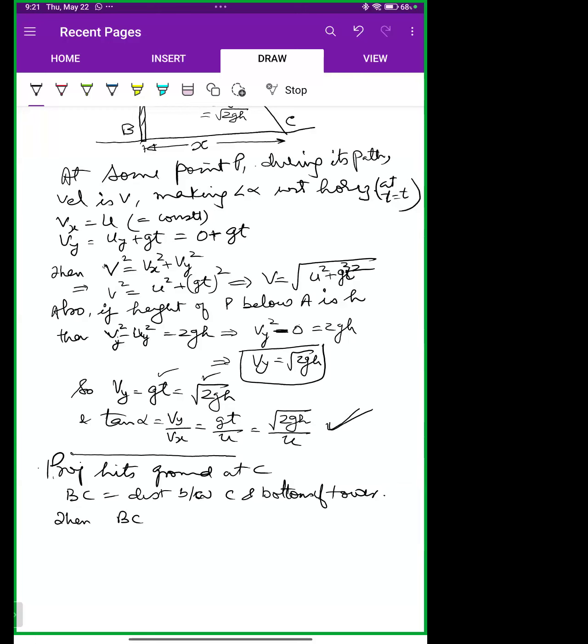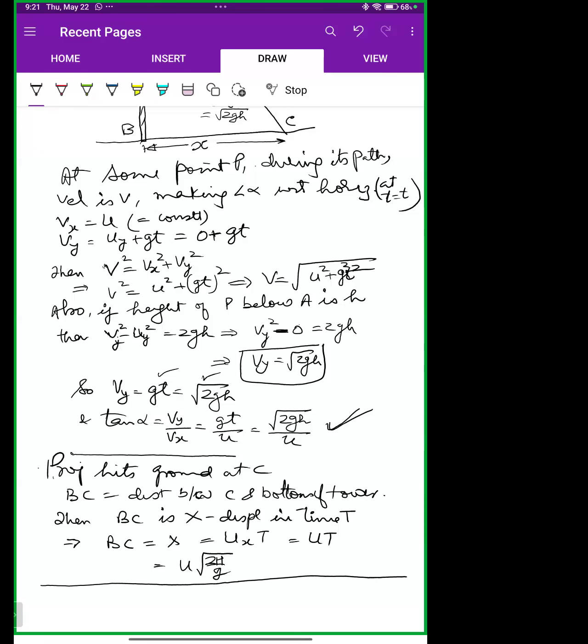Then BC is X displacement in time T, capital T. That makes another formula.